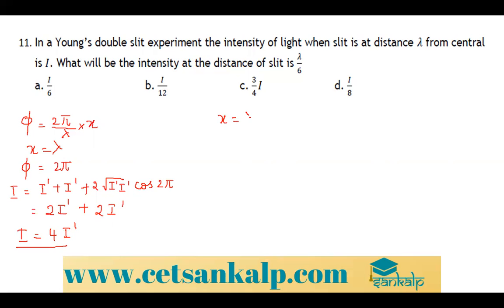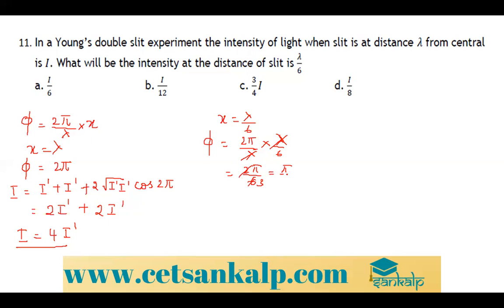ನೆಕ್ಸ್ಟ್ ಅವ್ರು ಕೊಟ್ಟಿರೋದು ಲ್ಯಾಂಬ್ಡಾ ಬೈ 6, x is equal to lambda by 6. Phi is equal to 2 pi by lambda into x ಆಗುತ್ತೆ. x ಬದಲು lambda by 6 ತಗೊಂತೀನಿ. Lambda and lambda get cancel. So 2 pi by 6, ones are 3.